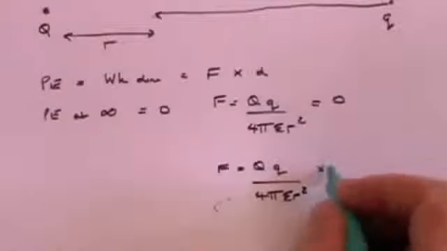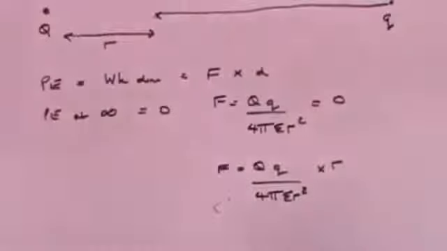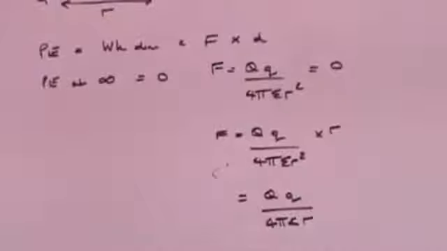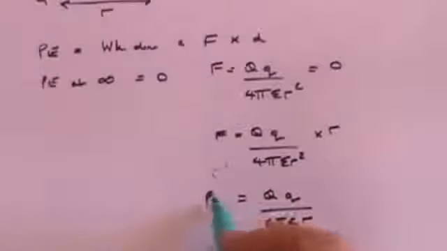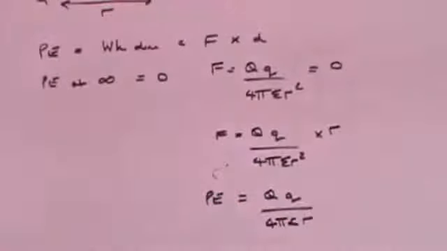So we now have to multiply that by r, and that gets you Qq over 4 pi epsilon r. And that's going to be the potential energy, the force times the distance.